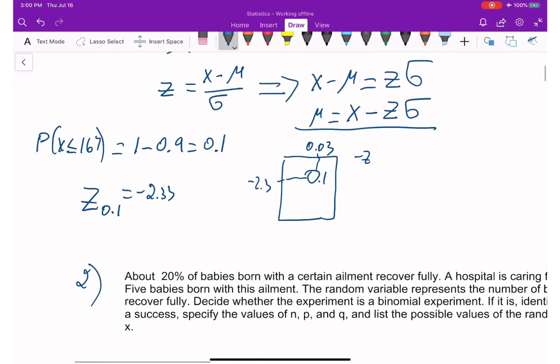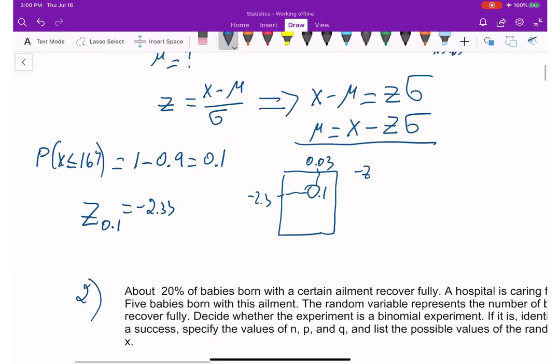Once we have the z-score, we can find our mu. Mu is equal to x minus z-score times sigma.